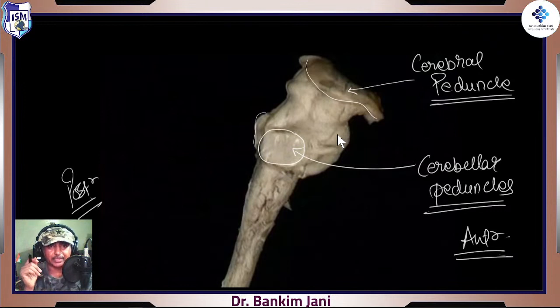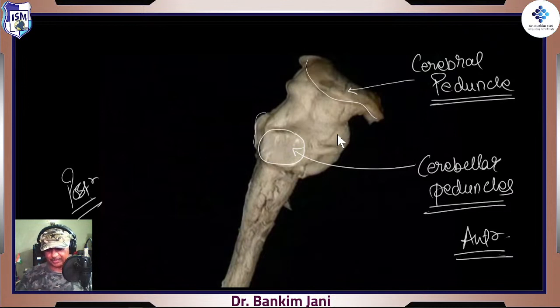What would it be containing? Basically, this will consist of tracts which will be connecting the cerebrum and cerebellum to the spinal cord, because everything is going via the spinal cord, right? Because the spinal cord is distributing it to the entire body. Why is this brain the big boss? Because all the highways are here, right?